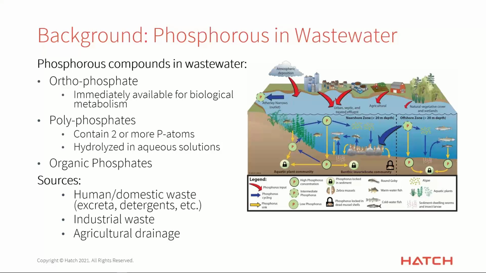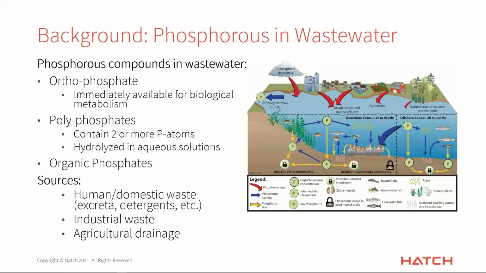The orthophosphate and other forms of phosphorus coming out of the plant are available to be used for growth by plants and animals and mollusks and all sorts of other things that you might find in a receiving body of water. So those are important loadings into that receiving body of water.